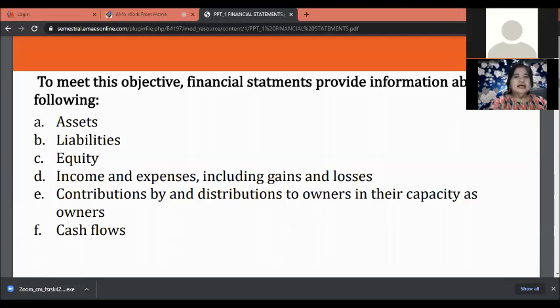Take note. When we are talking of FS, there is no reason why you cannot know the different important terminologies that can be seen in our FS. Number one is, of course, your assets.